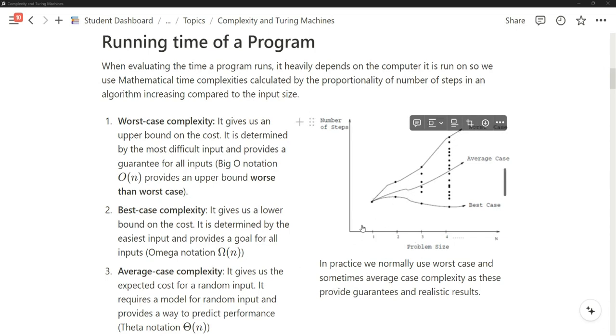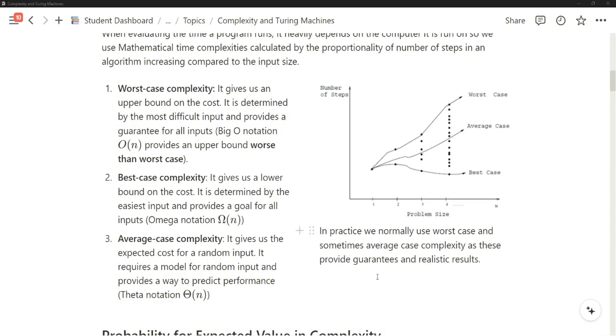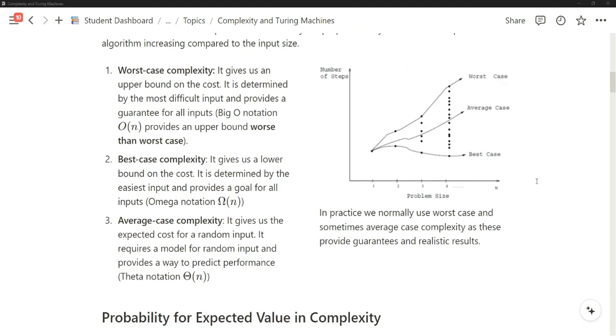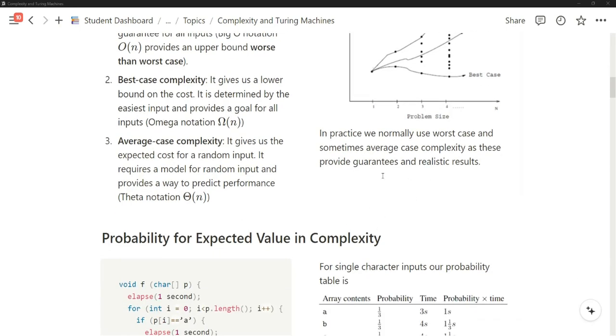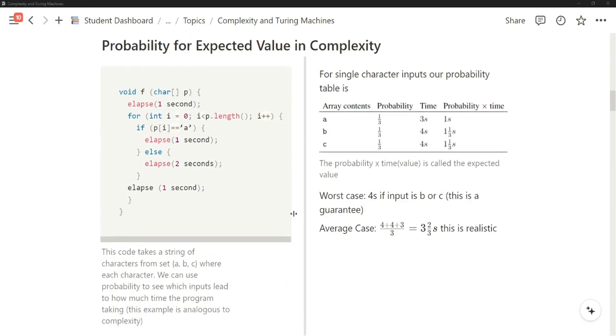And average case is quite useful for deciding which algorithm to use for what problem. You normally want the one with the best average case, because on average it'll perform best. In industry it's quite unlikely that you're ever going to get a worst case input.